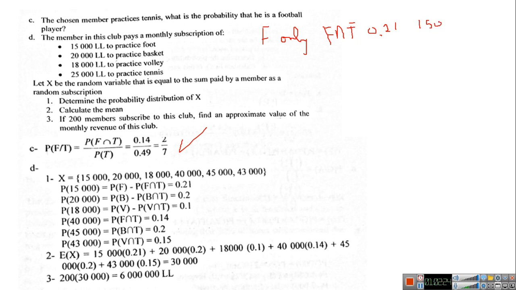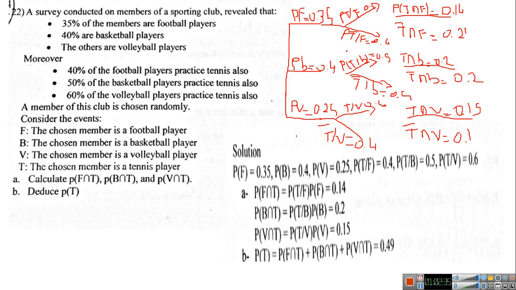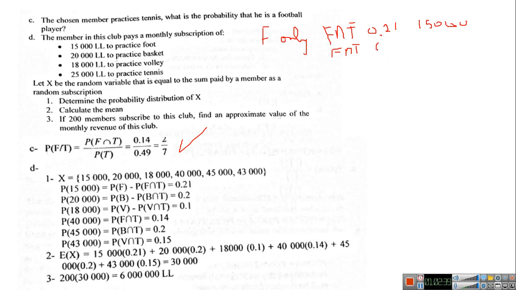So he's going to pay 15,000. Now, if I want F with tennis, 0.14, they must pay the 15,000 and the 25, so he must pay 40,000.